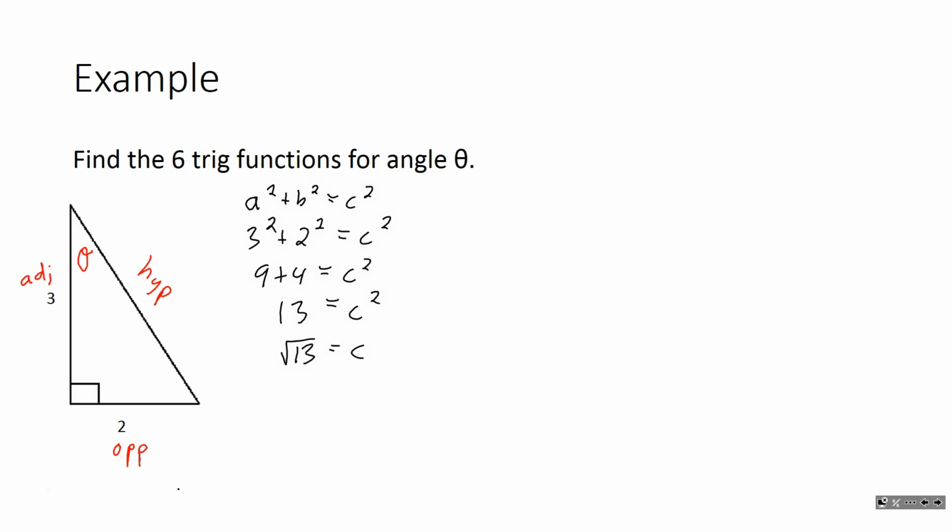Now, let's use our definitions to come up with the 6 trig functions. Let's use SOHCAHTOA first. By the way, I might as well put that number we got onto the triangle, to make it convenient for us. Hypotenuse there. All right, now back to what I was saying. SOHCAHTOA.